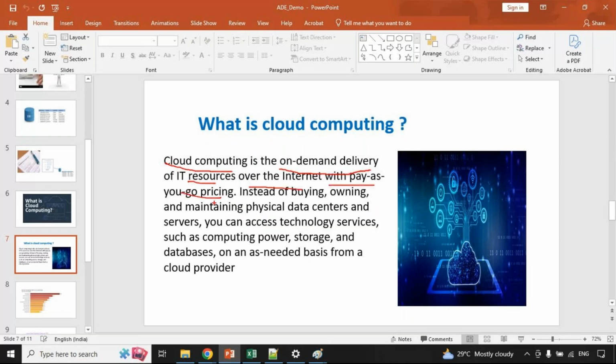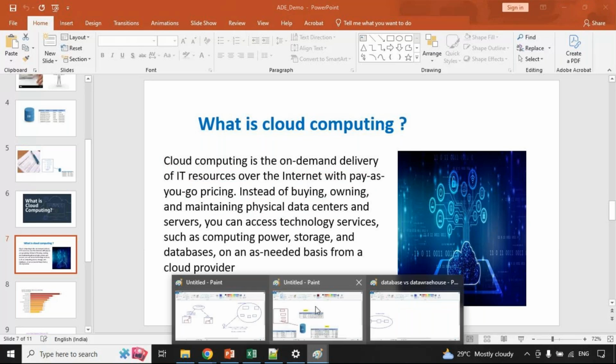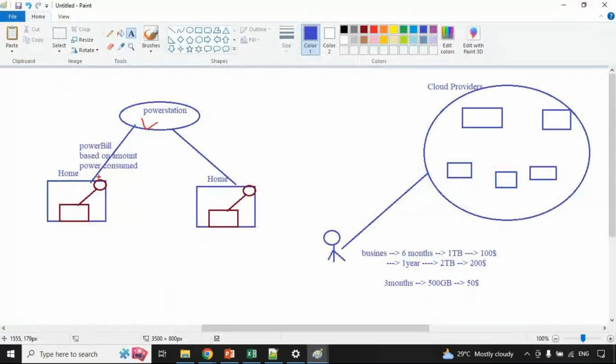Through the internet, we can access the services provided by the cloud. So you can see, instead of buying, owning and maintaining physical data centers, just like instead of maintaining your own power station, we use the common power station. Similarly, cloud providers provide all these services. You utilize those services and you pay for it.